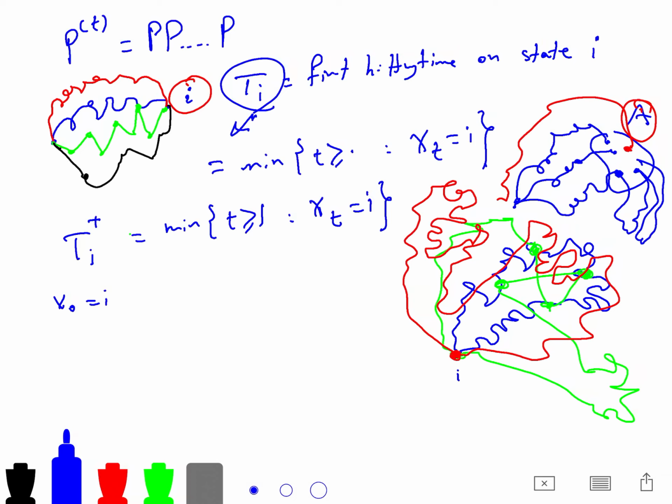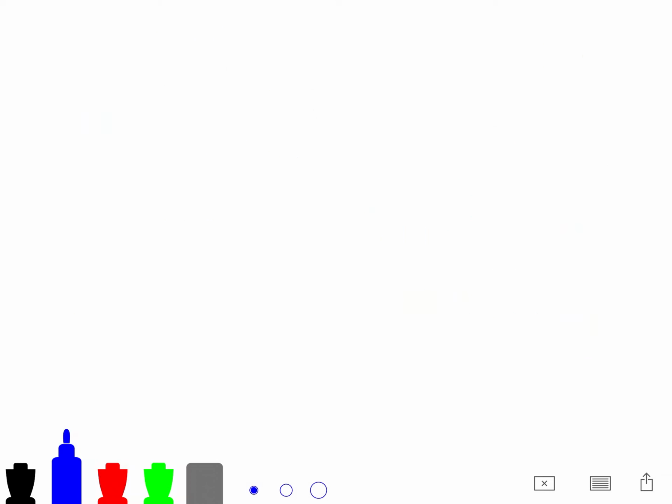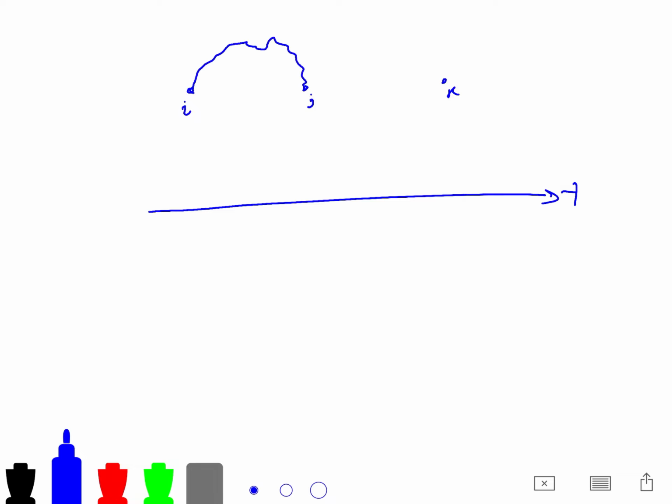And I want to show you an interesting example. We have a state I, a state j, a state k, and a time axis, and you go from I through different paths to j, and then from j. For example, j is a blocking thing.